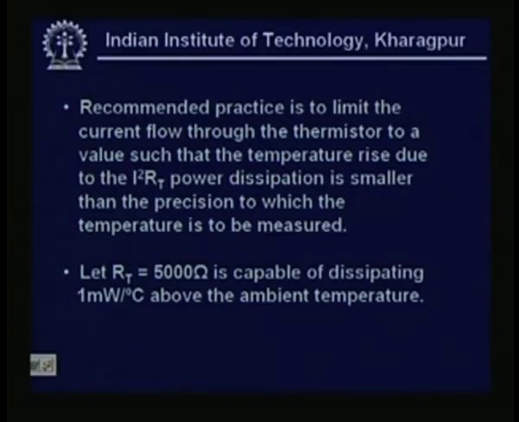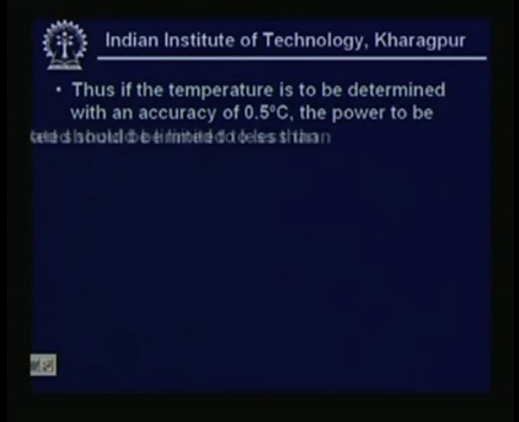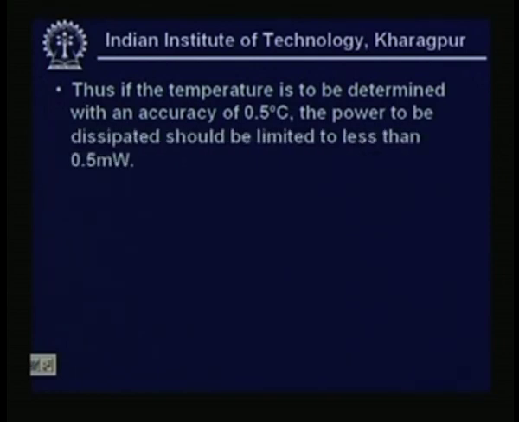So, let us look at an example. Suppose that RT, that means the resistance of a thermistor, is 5 kilo ohm, and it is capable of dissipating a power of 1 milliwatt per degree centigrade above the ambient temperature, right. Thus, if the temperature is to be determined with an accuracy of 0.5 degree centigrade, the power to be dissipated should be limited to less than 0.5 milliwatt, right.